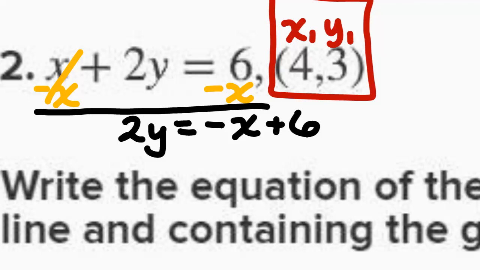What's connecting the 2 and the y right now? Multiplication. So how am I going to make it cancel? How do I get rid of it? Divide. I'm going to divide by 2. And that means I have to divide every piece on the other side by 2. So I have to divide the negative x by 2. And I have to divide the 6 by 2. Every single part has to get divided.